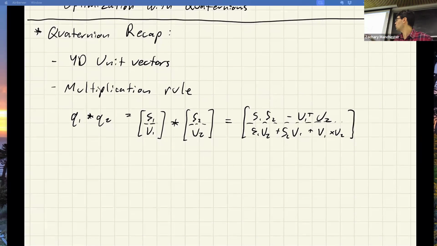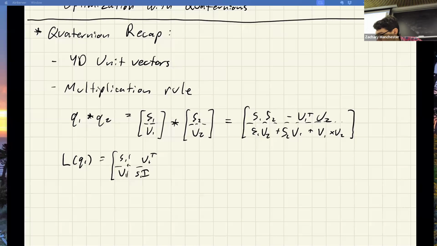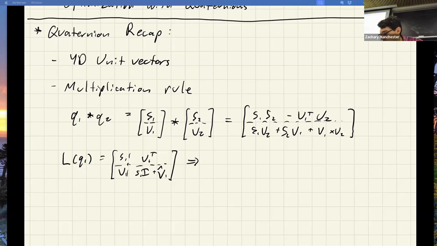And then we talked about how we can rewrite this thing as a couple of different matrices. We can write down the left multiply matrix, which is this guy. Think of this as the left Jacobian of that quaternion multiply.